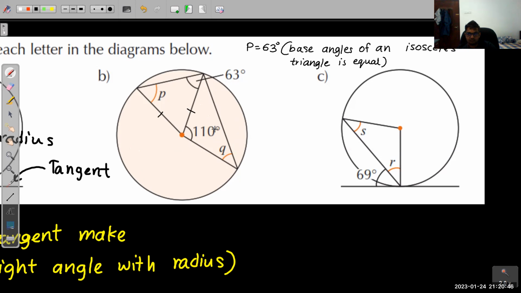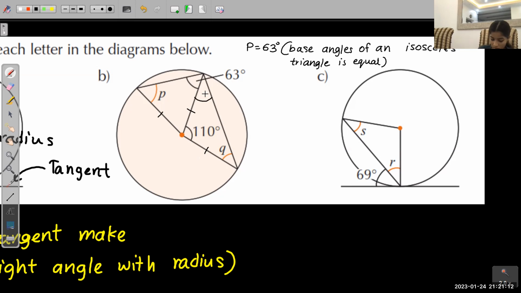So what do you think? Now this triangle, there's 70. Wait, so one side would be 70? No, 110. Isn't this side equal? Yes, they're equal. If they're equal, what about this angle?